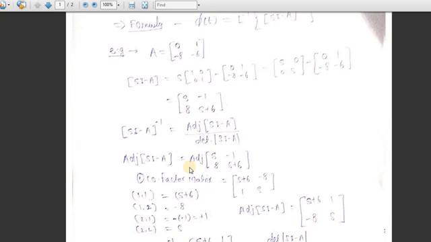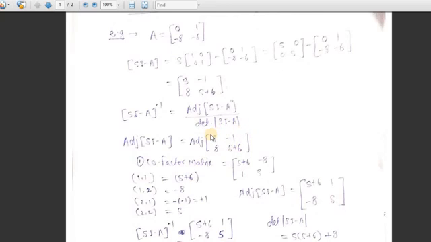Finding the cofactors: this is a 2 by 2 matrix, so it has 4 cofactors. The cofactor at 1,1 is s plus 6. The cofactor at 1,2 is minus 8. The cofactor at 2,1 is plus 1. The cofactor at 2,2 is s.